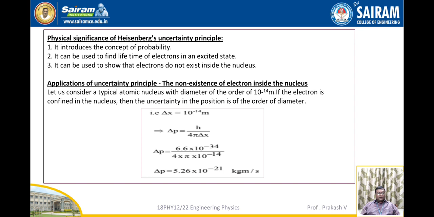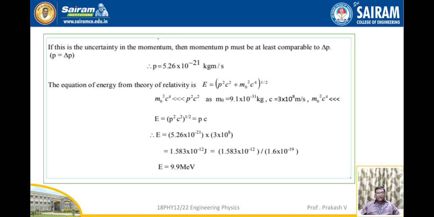If this is the uncertainty in the momentum, then the momentum p must be at least comparable with delta p. Therefore, the value of p is equal to 5.26 into 10 to the power of minus 21 kg meter per second.